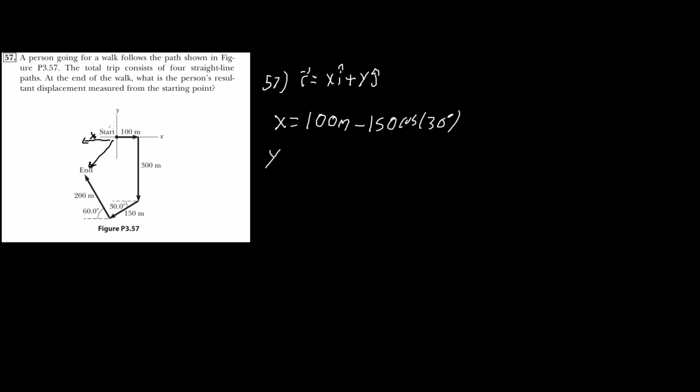Now we're going to look for our y. Oh, I got mixed up. Okay, so we're going to start with minus 300 meters. Why do I keep saying newtons? Meters. So minus that, because it's pointing downward, 150 meters sine of 30 degrees.